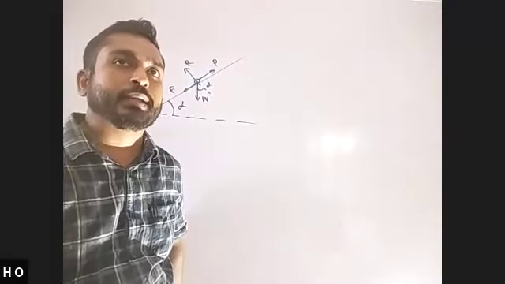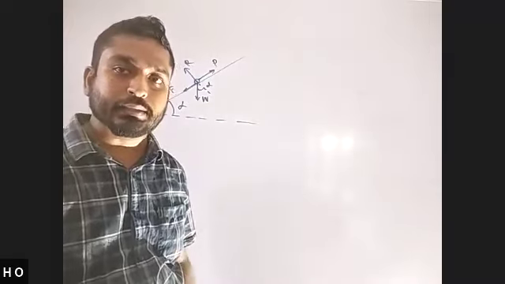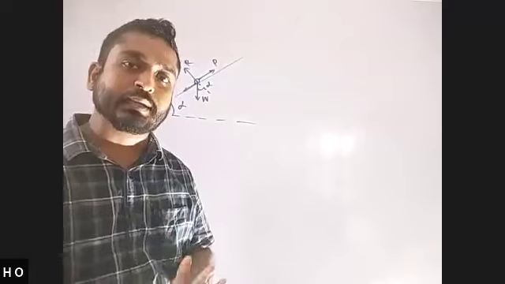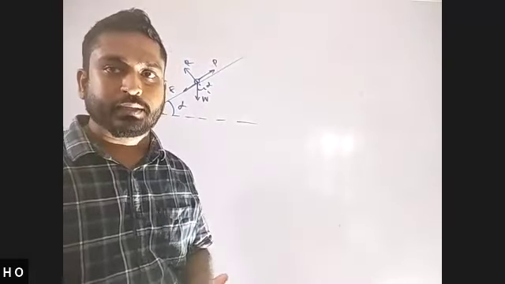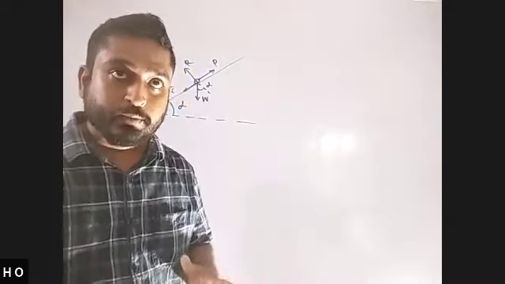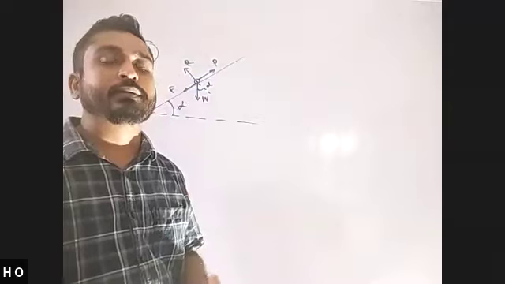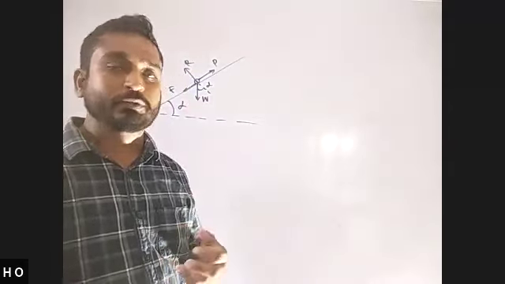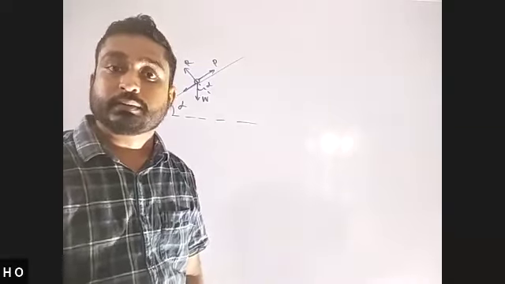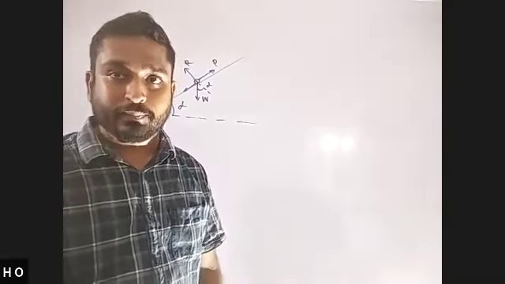Here you have to consider the limiting equilibrium, but instead of considering limiting equilibrium directly, we'll consider the equilibrium of this particular object. Then we can further argue with the limiting equilibrium, right? So I'll explain bit by bit.